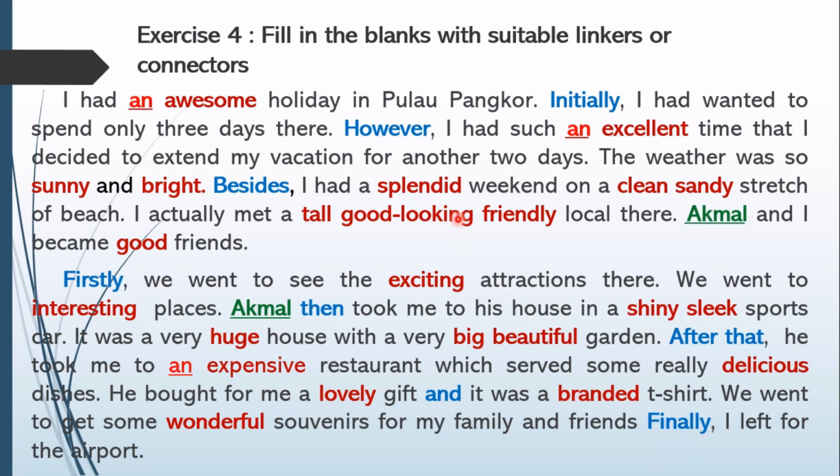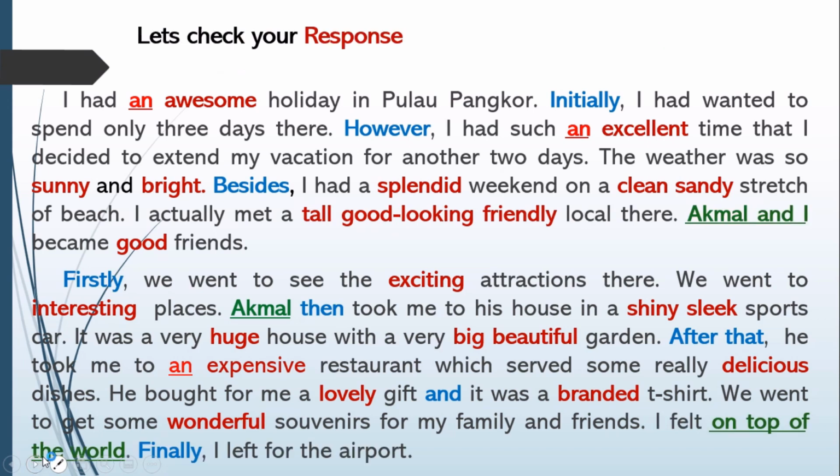So you see, you can have adjectives added in your writing, you can have linkers or connectors in your writing, and you can be authentic. Akmal, give a name in your writing. Okay, now we have all that. You can also add on this: I felt on top of the world.